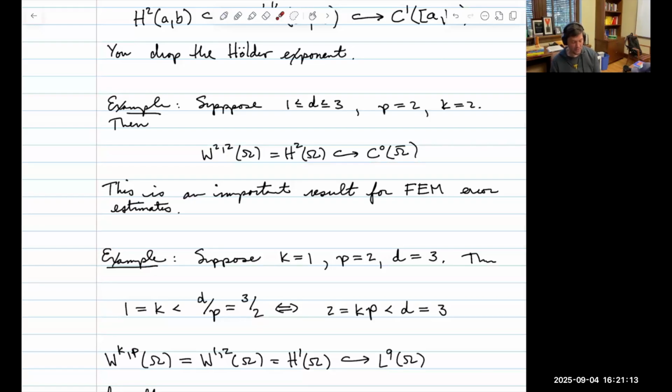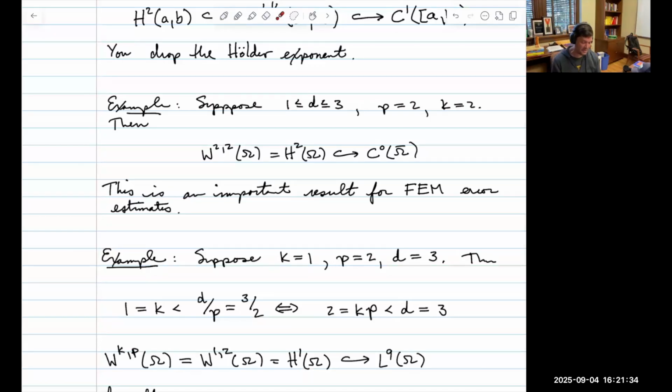This is an important result for us in finite element methods because it says that if we have H2 functions in any one of the relevant cases that we're interested in, we're mostly going to be interested in physical problems. And so physical problems have dimensions which are between 1 and 3, depending on the physical application.